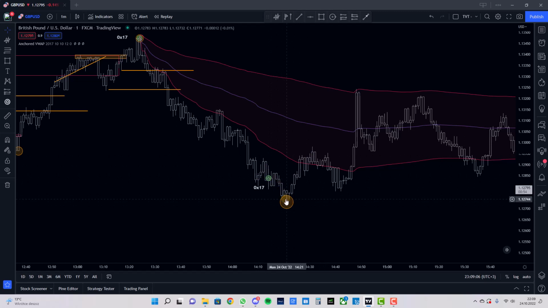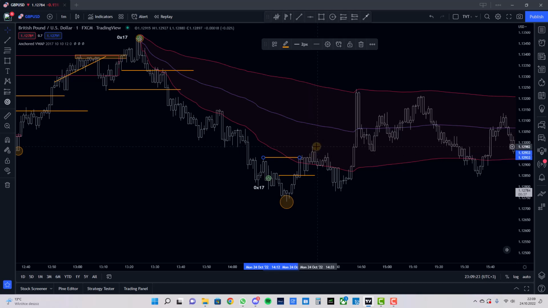The lowest possible price, and it was broken. So we have break of structure, break of imbalance, even for more conservative traders, break of another structure.